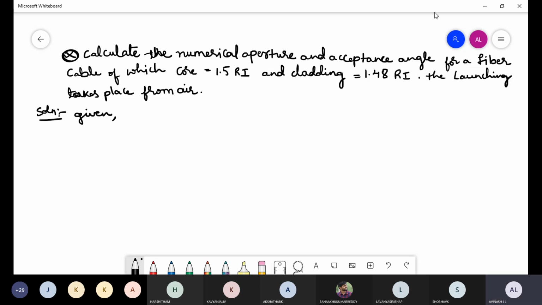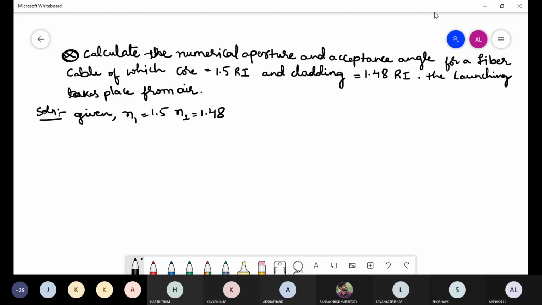Okay. So in the given numerical solution, here core refractive index is 1.5. That is N1, I can consider as 1.5, and N2 I will consider as 1.48.